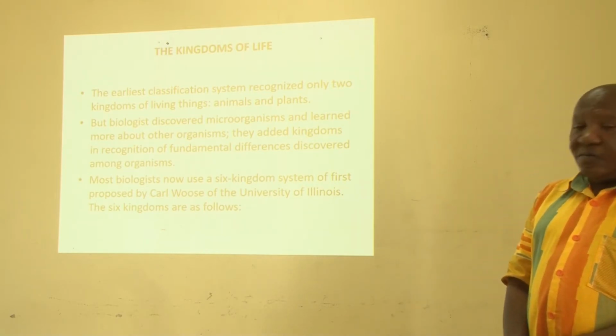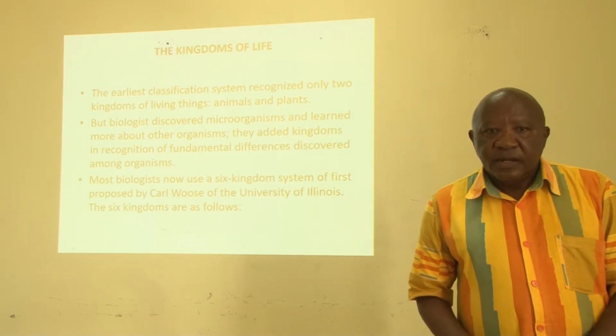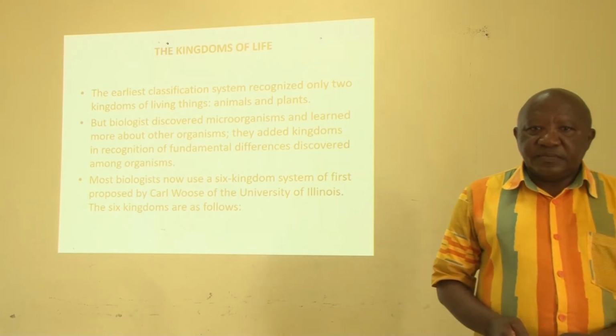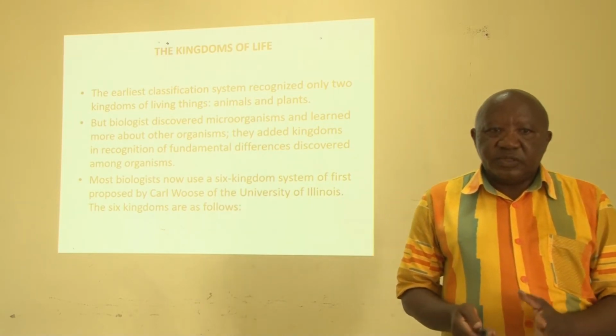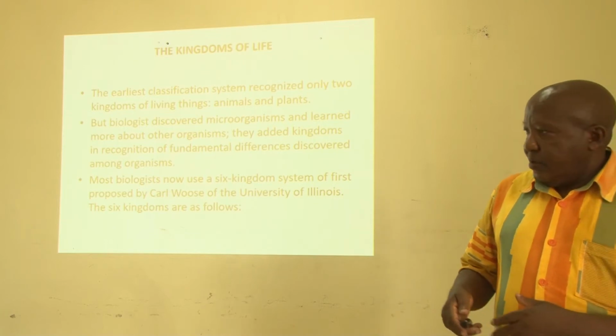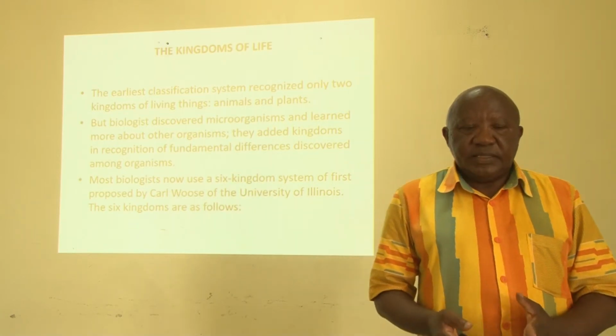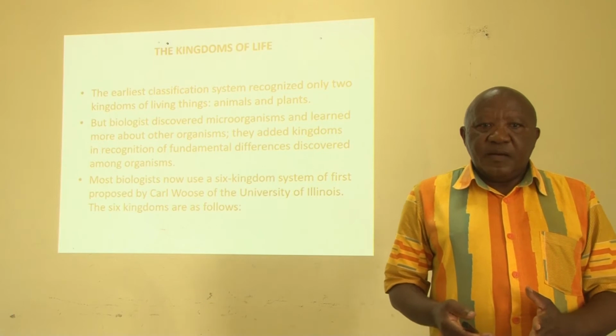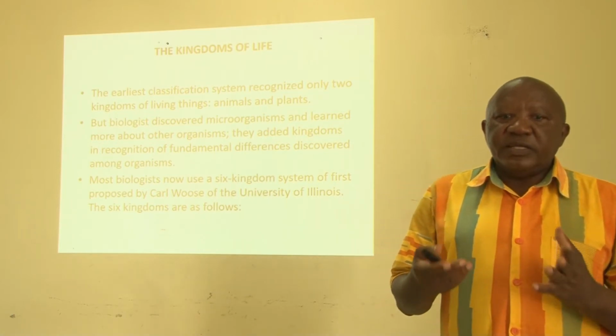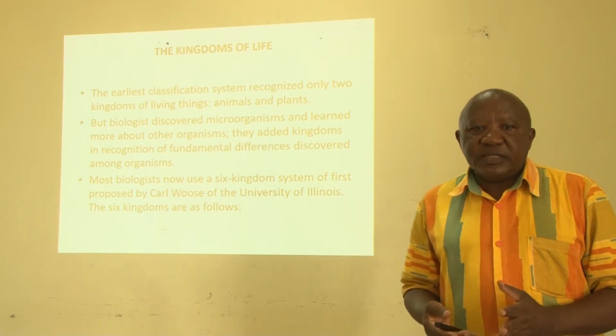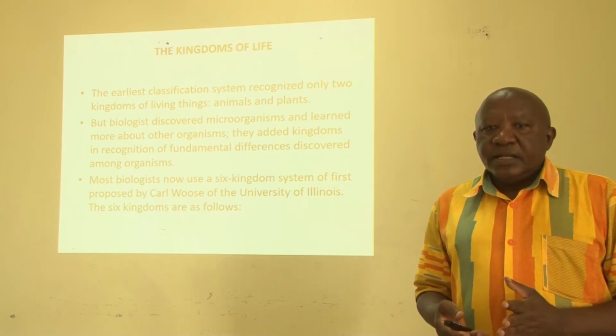Now let us look at the kingdoms of life. The old classification system recognizes only two kingdoms of living things, which are animals and plants. But biologists discovered the microscope and learned more about other organisms.